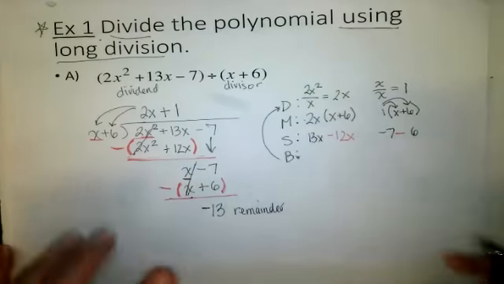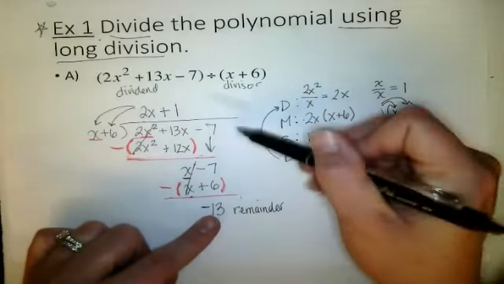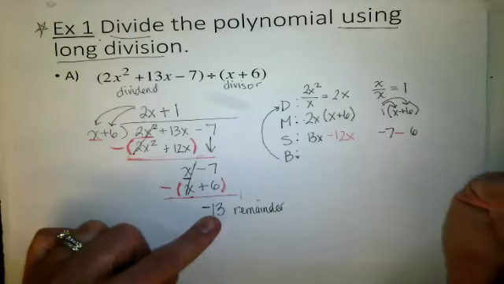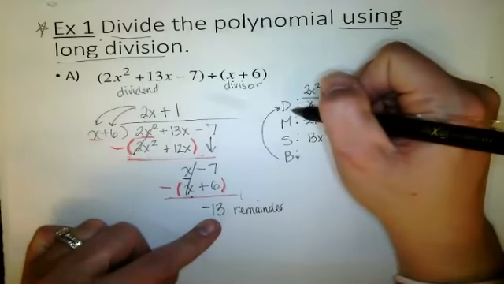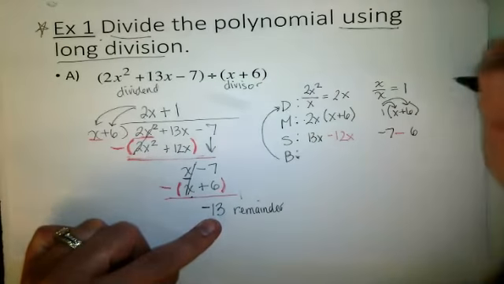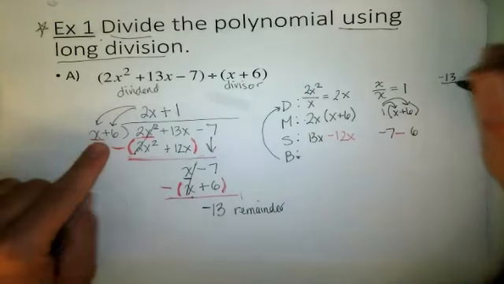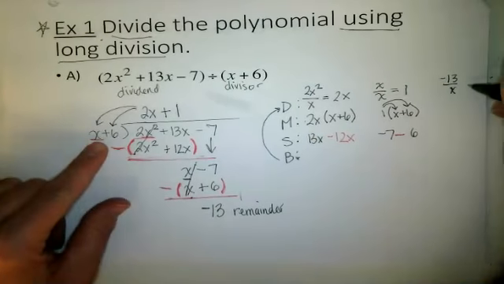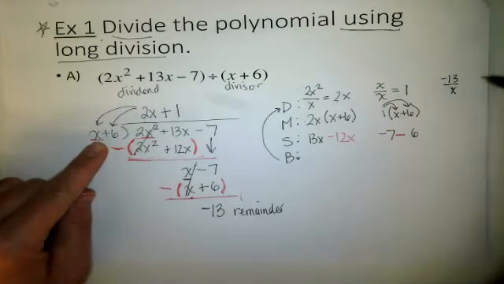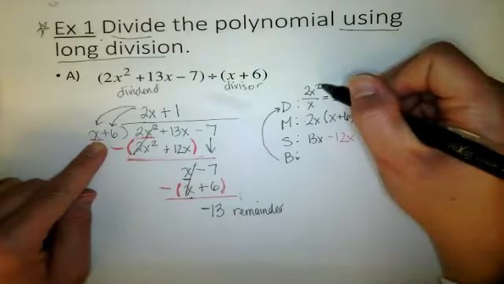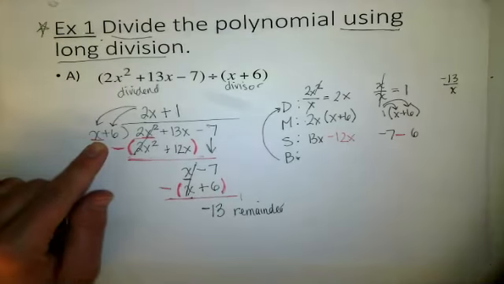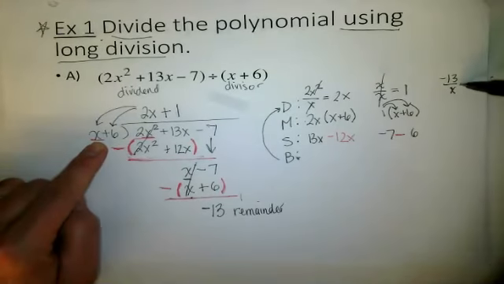And the reason I know it's the remainder is, first of all, there's nothing left to bring down. And also, if I were to try to repeat the process again, I would have negative 13 divided by x. Does that clean up? Like these other things, they've sort of crossed out and cleaned up nicely. This is weird, right? Nothing cancels out. It's just weird, okay? And that means we're done.